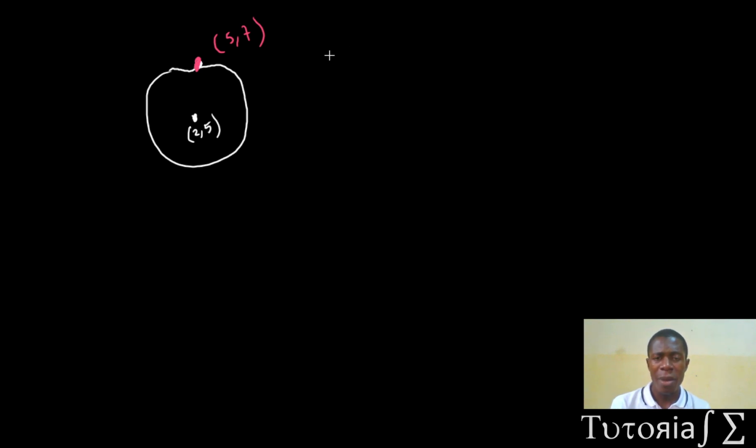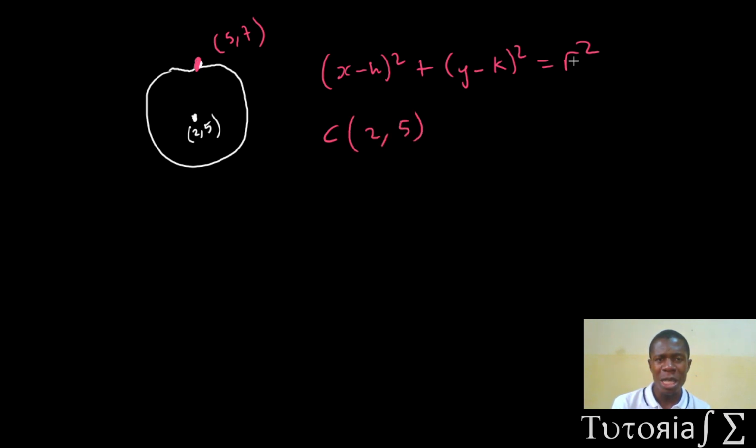So remember, you need your center in x minus h squared plus y minus k squared equals r squared. What you need is your center, and your center you have, which is (2, 5). Now what you need is the radius. How do you get the radius? The formula for the radius is the distance between this point and that point.